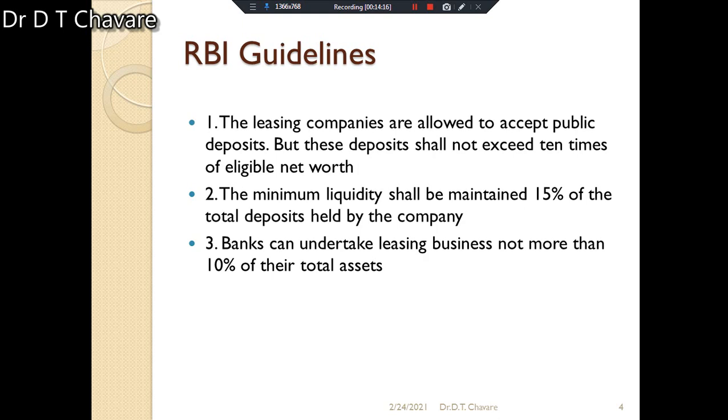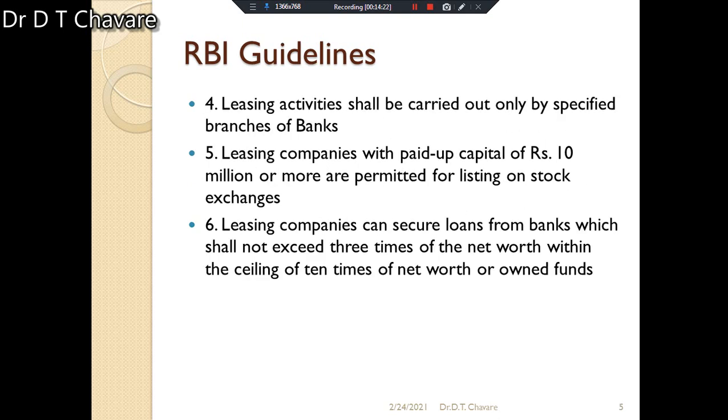Then another guideline: leasing activities shall be carried out only by specified branches of the bank. It means all banks cannot start such business; such leasing activities shall be carried out only by specified branches of the bank.